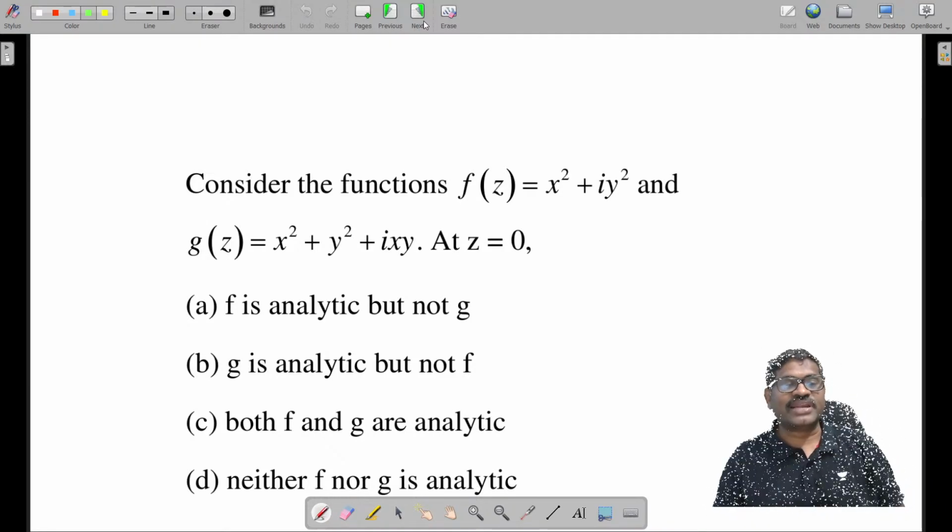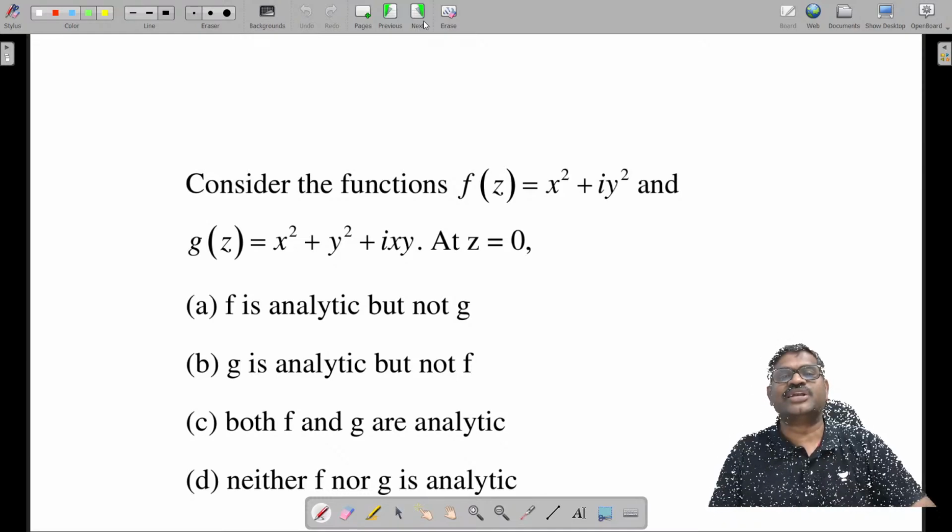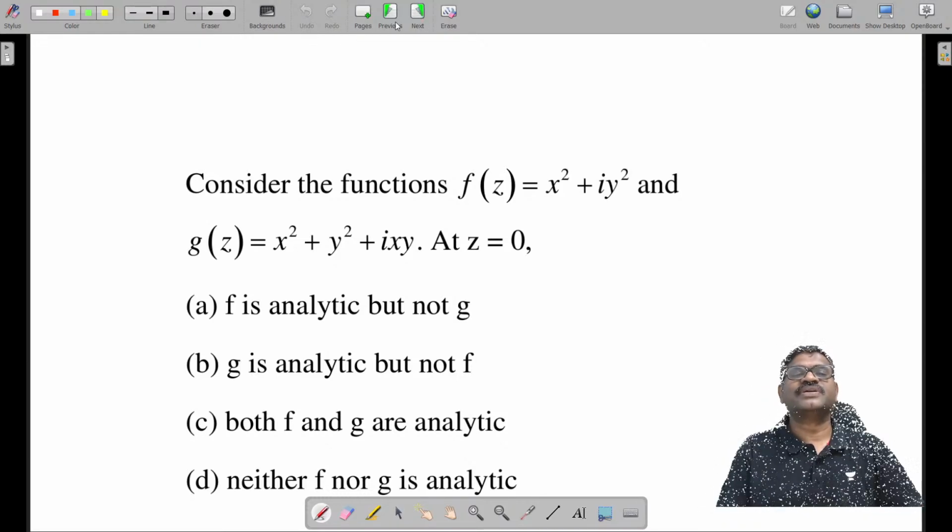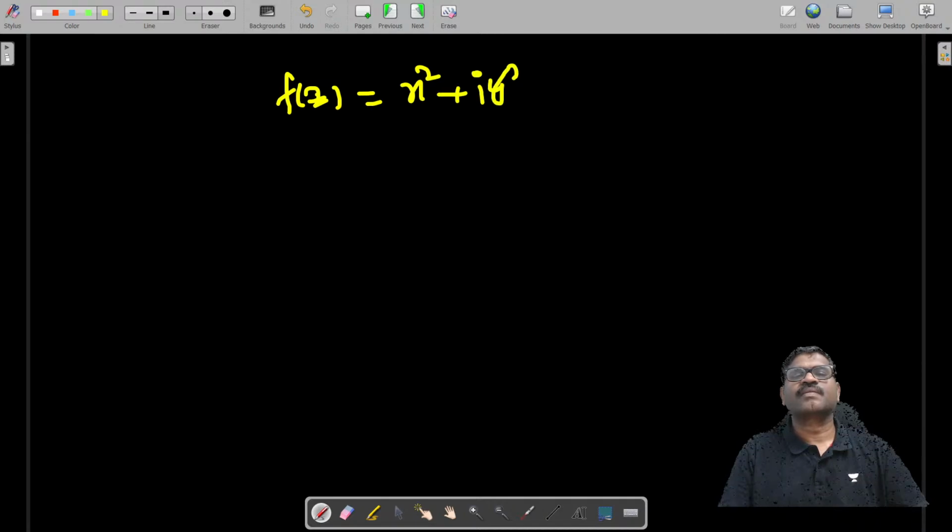We have to check whether f and g are analytic or not. First, the function f of z is x square plus i y square.